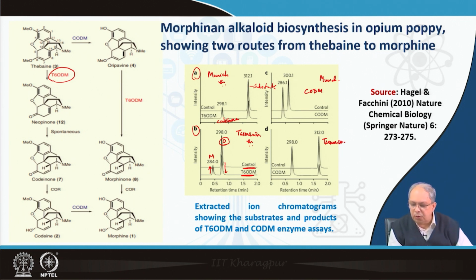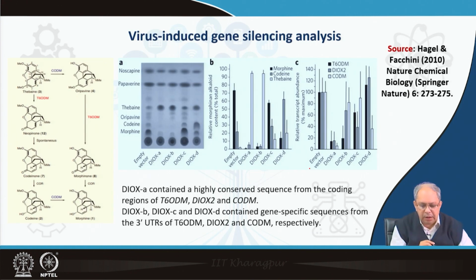Here it is also the same: the substrate is codeine, and codeine is converted into morphine. When CODM is active, all the substrate is utilized and morphine is formed in the Munich variety, whereas the Tasmanian variety shows slightly different results, but it is fine. Next, we will discuss what happens as a result of gene silencing.